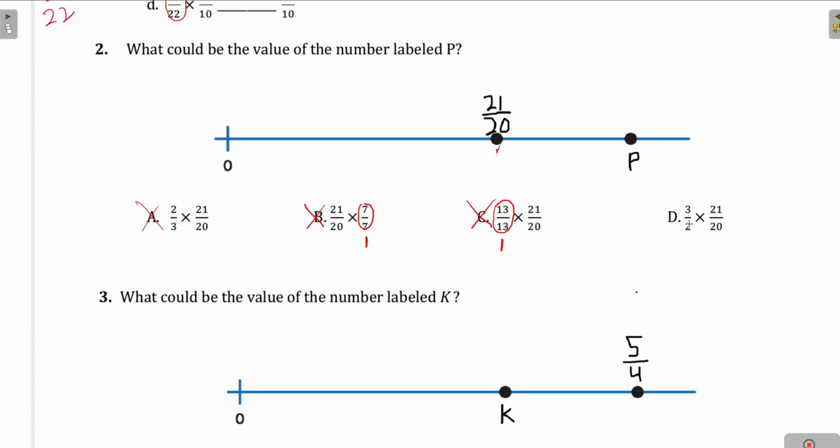I know that 3/2 has to be over here because 1/2 of this number is going to be over here, and 2/2 of it is one whole of it, so it's going to be right here. So 3/2 has to be this one. So this is 3/2 of 21/20, this point right here. So this is the answer.